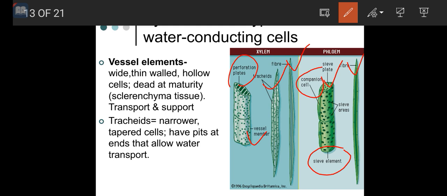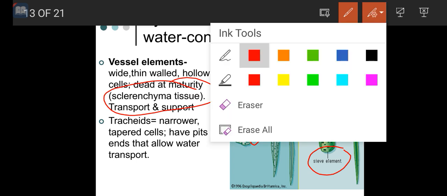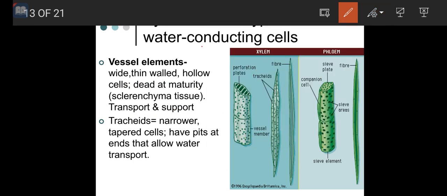The vessel elements are thin wall hollow cells, dead at maturity, sclerenchymatous cells that transport and support. The tracheids are narrow tapered cells having pits at the ends that allow water transport. This is the conducting system with the help of vessel elements and tracheids.